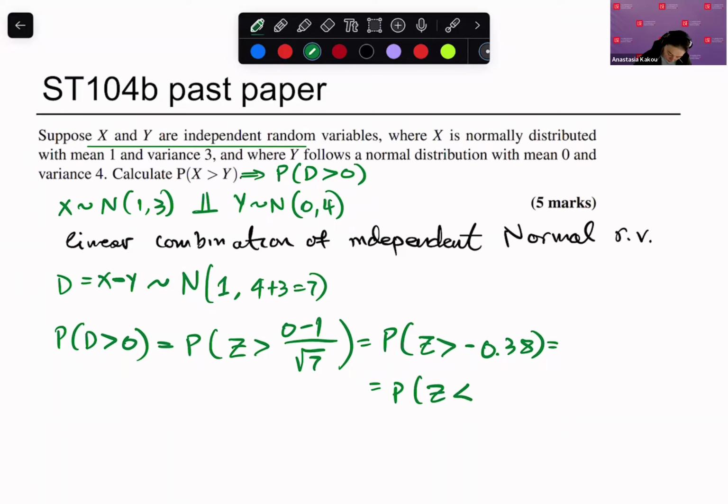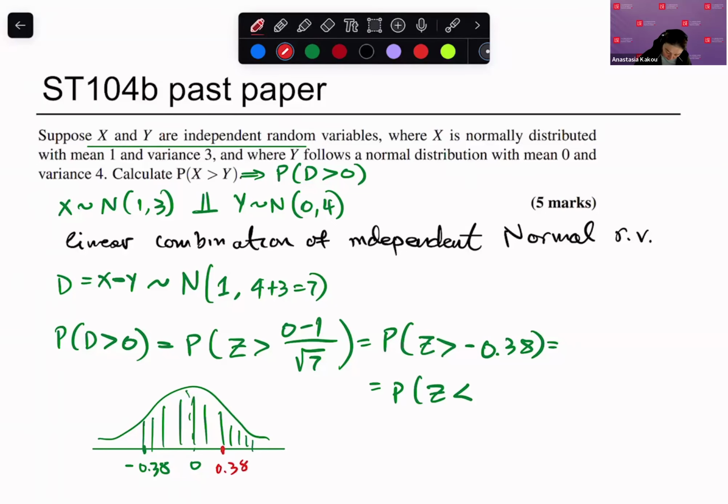So I always draw this graph because it's better to visualize it. So that's z greater than a negative value, which means that you have this area, which is the same as that area. So this is less than 0.38.